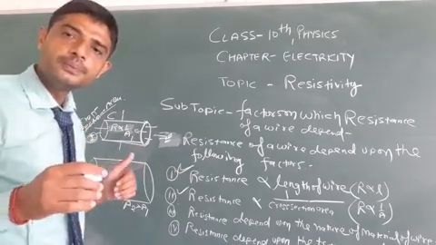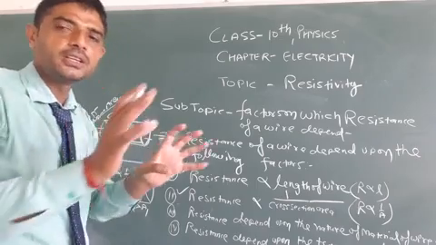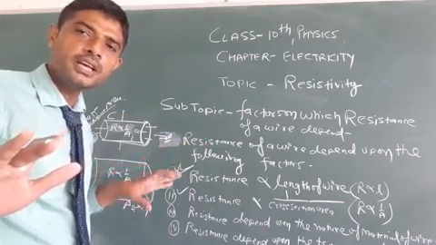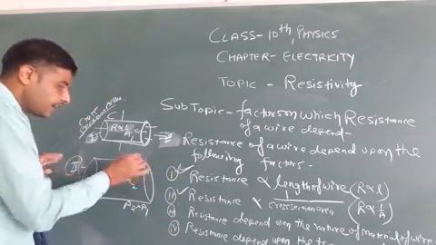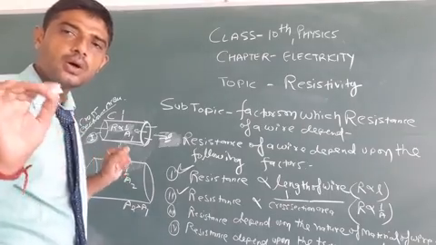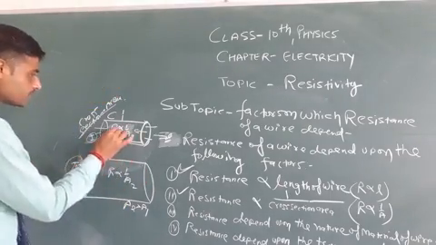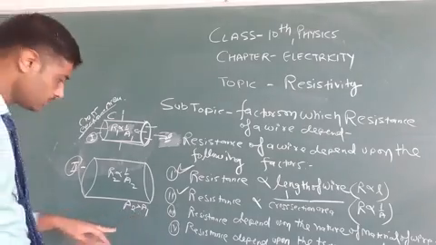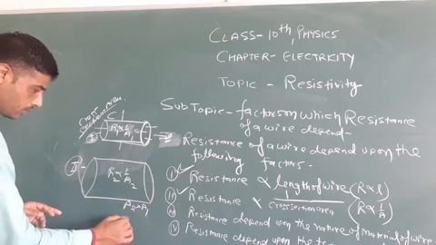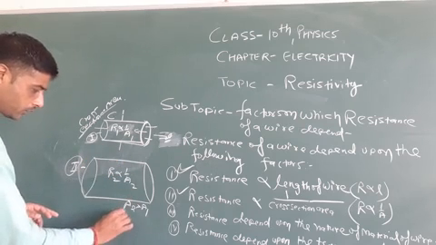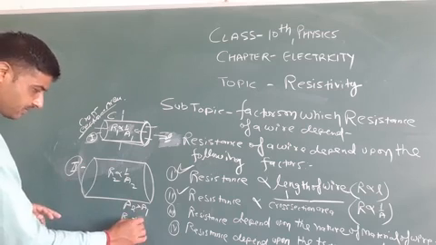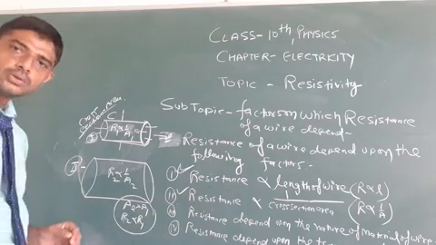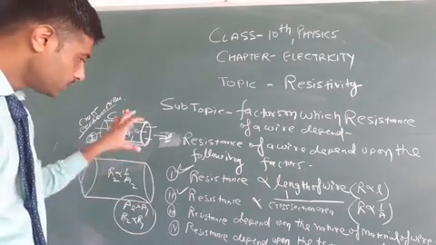Then electrons can move freely without collision. So you can say in the second case resistance is low. This is R1, this is R2. A2 is greater than A1, so R2 is less than R1. So I hope you understood the second point.